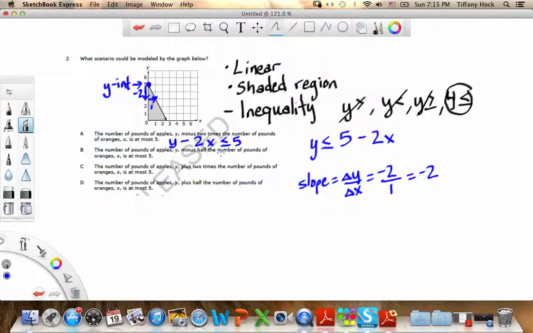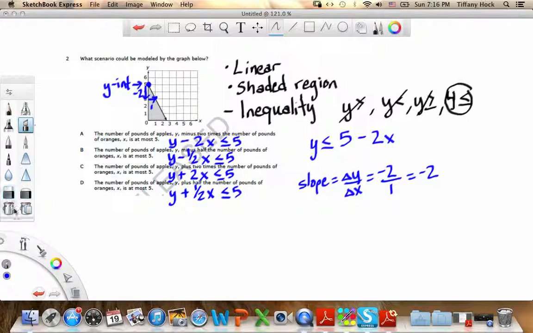Let's go ahead and do these other ones first, then I'll go back through and put these in y equals form. This next one says y minus half the pounds of oranges is at most 5. This next one says y plus 2 times the number of pounds of oranges is at most 5, so less than or equal to 5. And then finally, y plus half the number of pounds of oranges is at most 5.